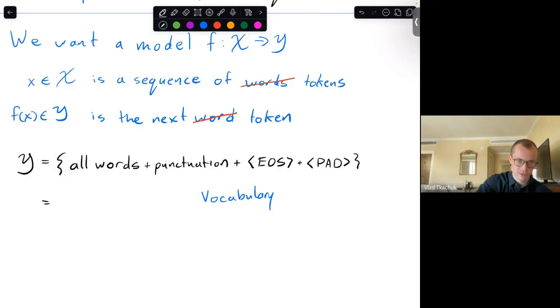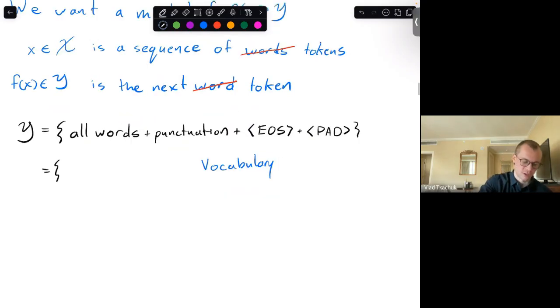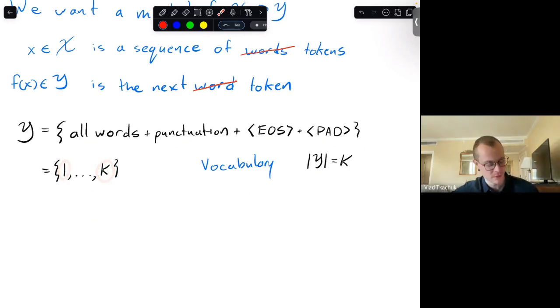Let's say the cardinality, the number of classes, is capital K. To map to the notation we've seen before, we're going to refer to them as classes 1 up to K. In the past, we indexed from 0 to K minus 1, and now I'm going to go from 1 to K. It's just a notational remark, and it's totally fine to use 0 to K minus 1 here.